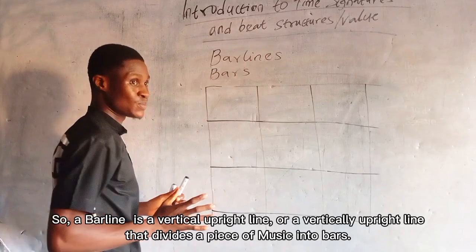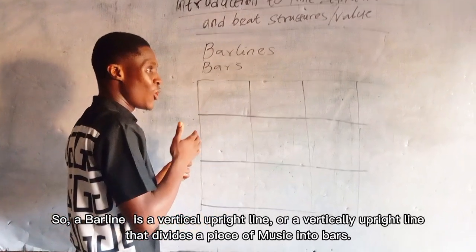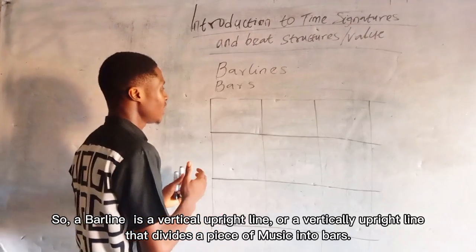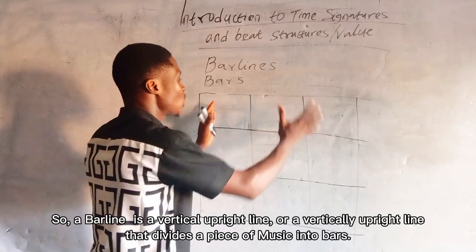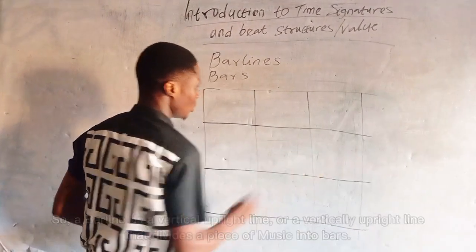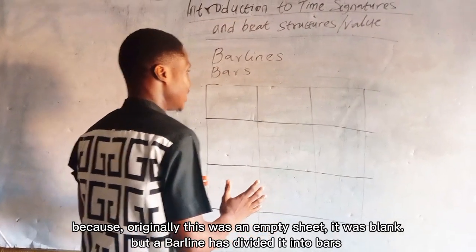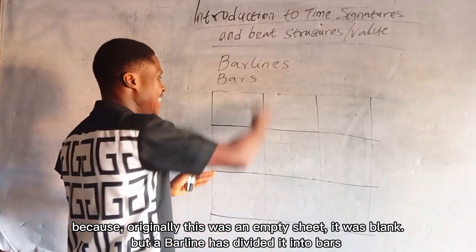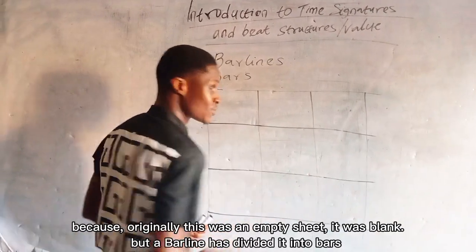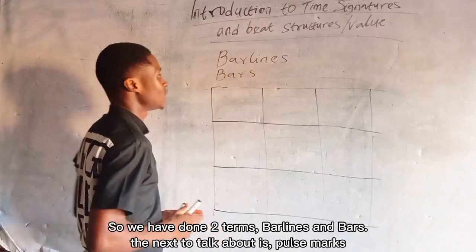So a bar line is a vertically upright line that divides the piece of music into bars. Because originally this was an empty sheet, it was blank, but the bar line has divided it into bars. So we have done two terms, bar lines and bars.